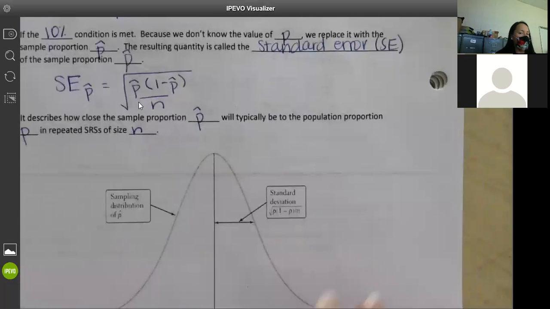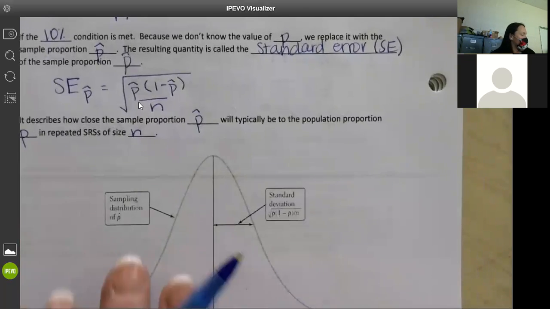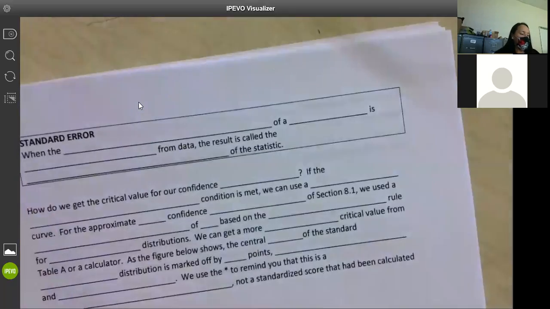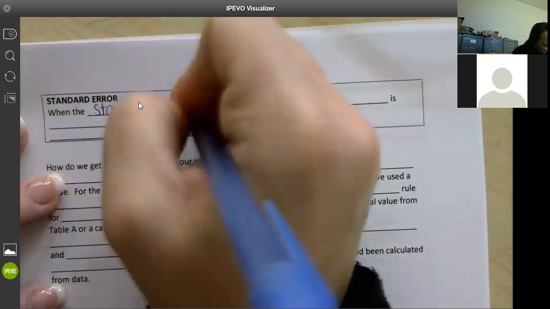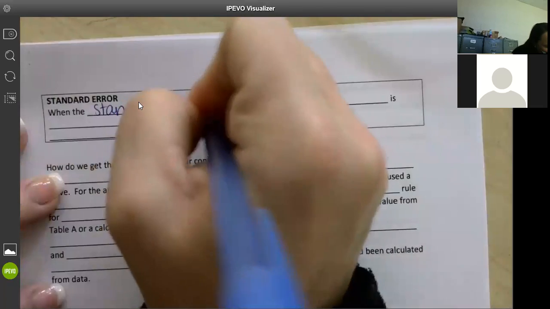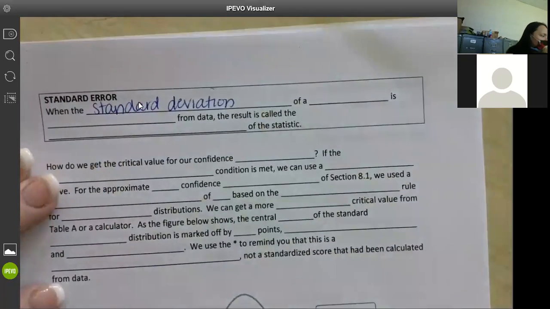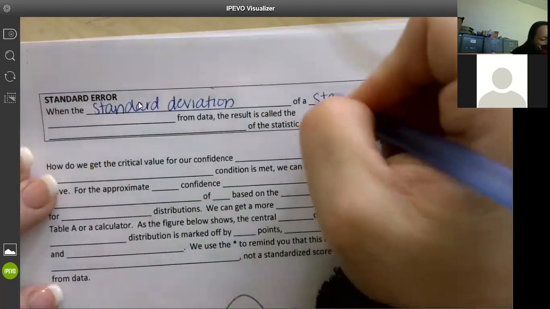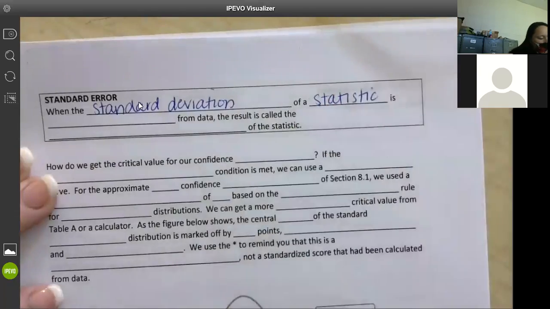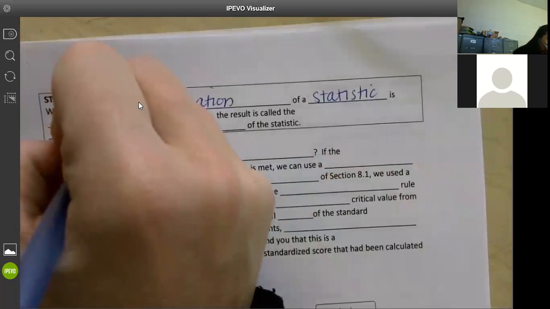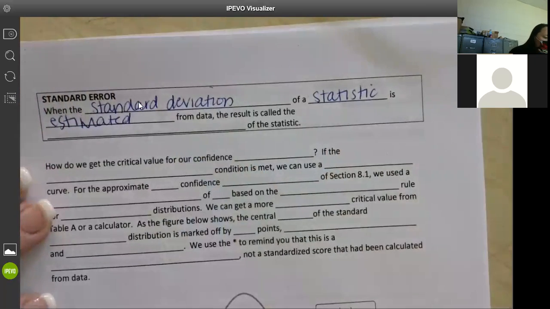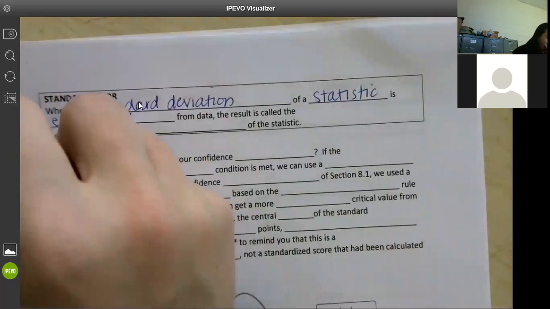There's not really anything to it right now. Okay. So what is standard error again? It's when the standard deviation of a statistic is estimated from data. The result is called the standard error of the statistic.